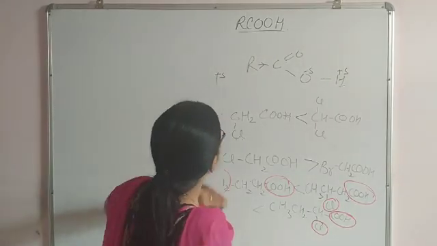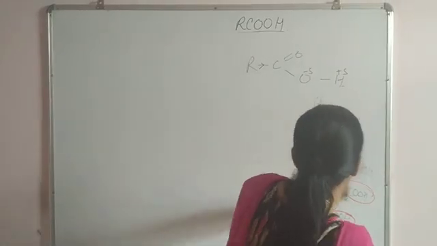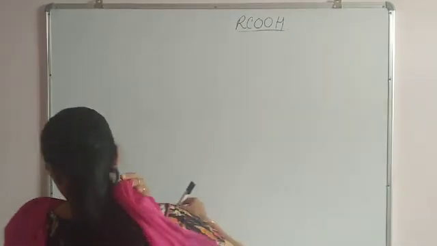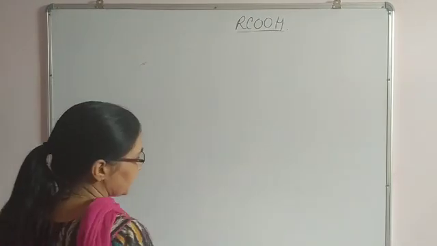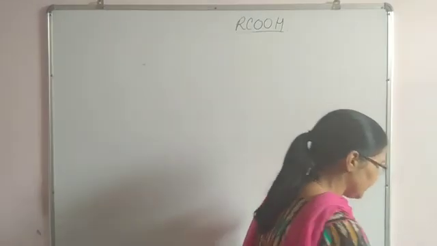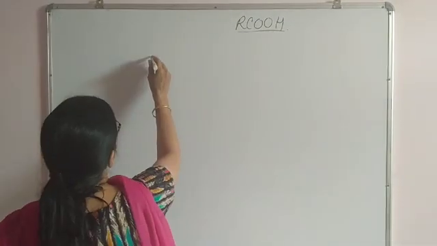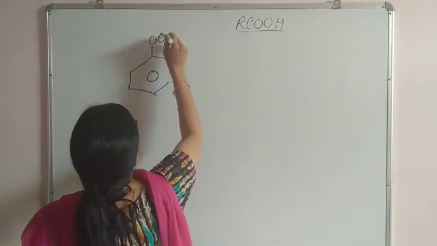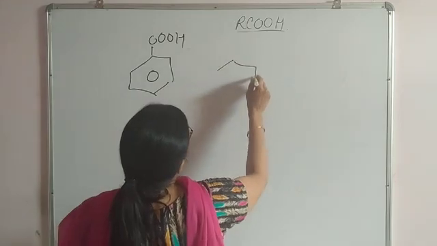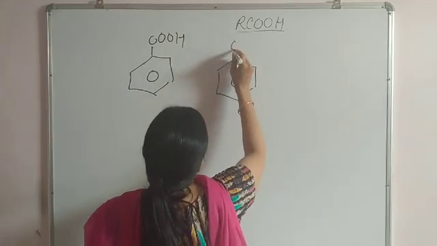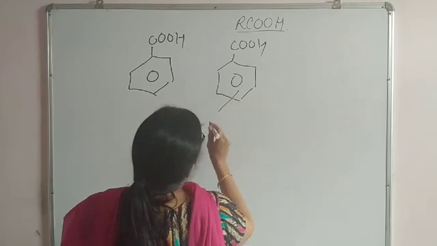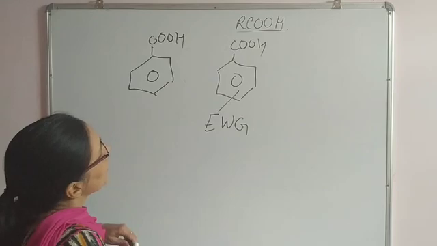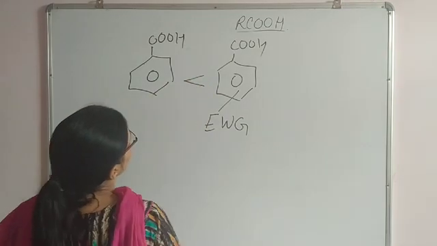Now the next parameter of acidic character. Earlier also you have studied benzoic acid. As you have done in phenol, easily you can understand that if benzoic acid is here and any group which is electron withdrawing in nature is attached, then that will be more acidic.